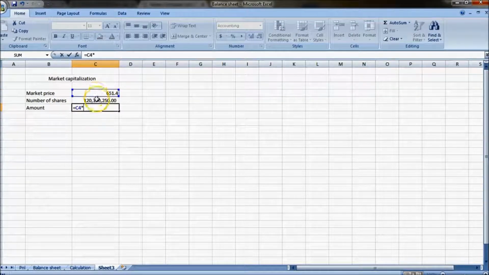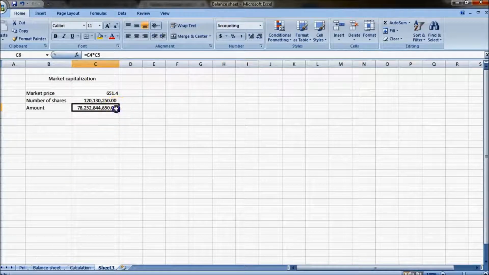And I can calculate the market capitalization of this company, and depending on the parameter, you can classify this as a large cap or a mid cap. I can just show you the figure.